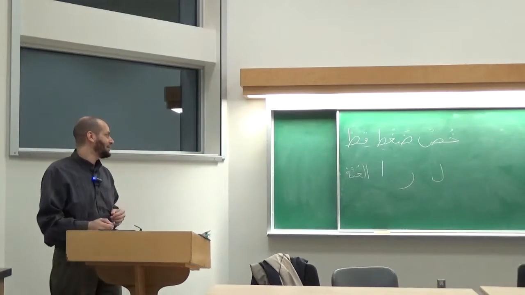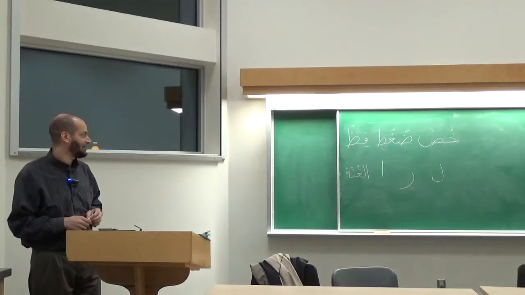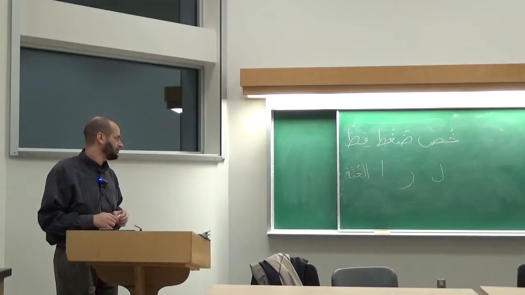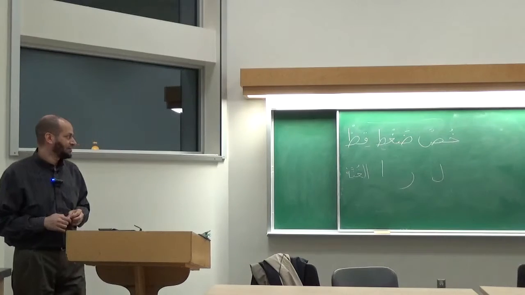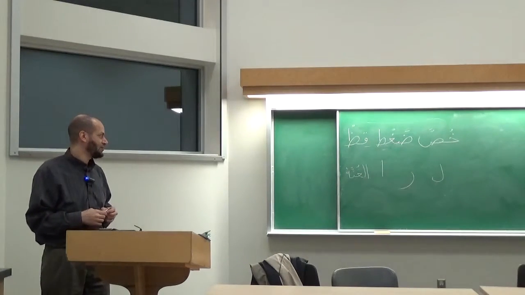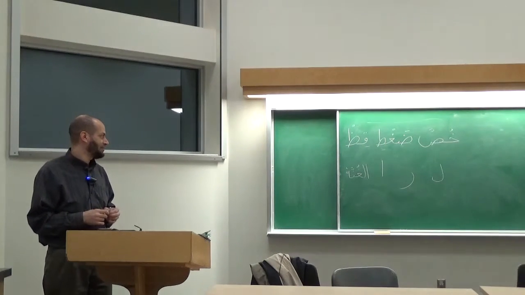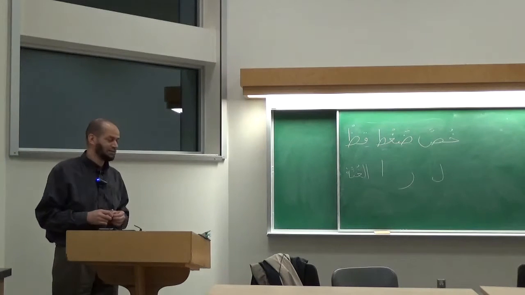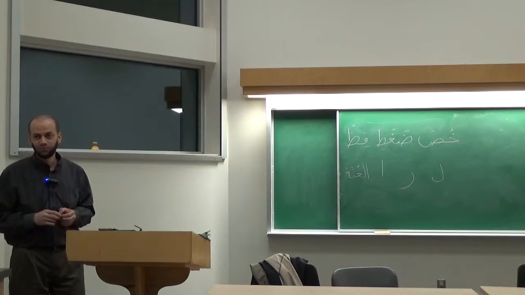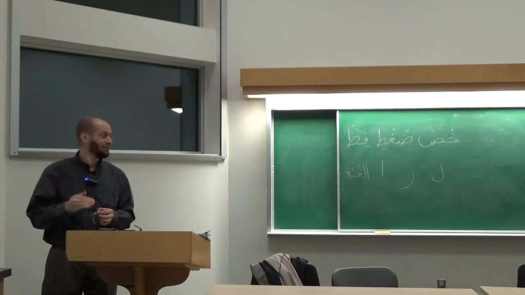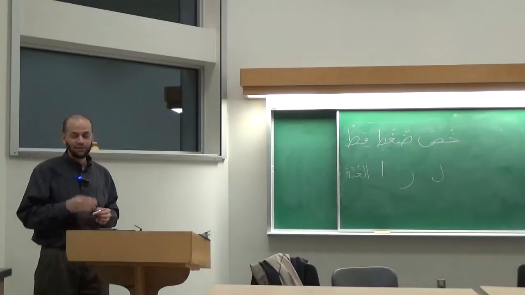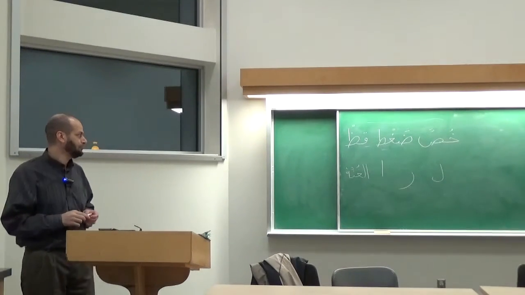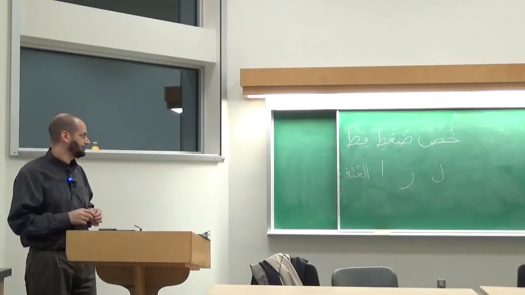And the third case is when it has a dhamma. And the fourth case is when it has sukoon. And the fifth case is when it has kasra. So those are the levels of strength for each letter in general.